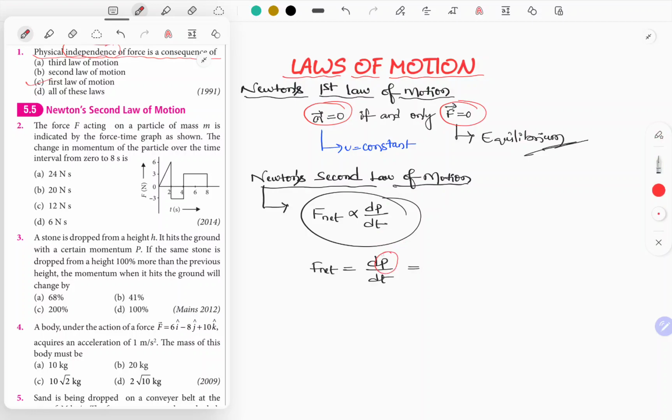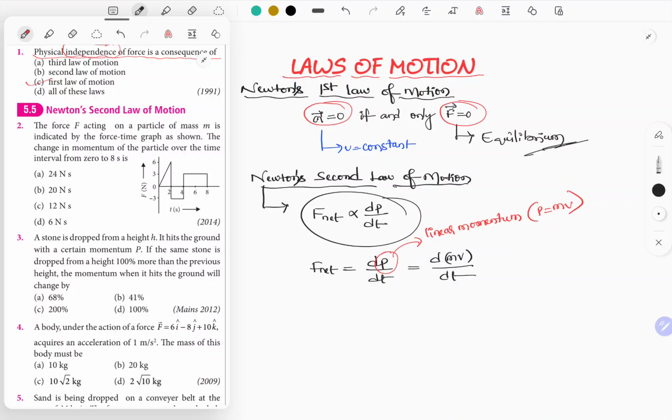What is the formula for linear momentum? Linear momentum formula is P is equal to mass into velocity. So let me substitute that: d(mv) divided by dt. Here both m and v may be variable with respect to time.